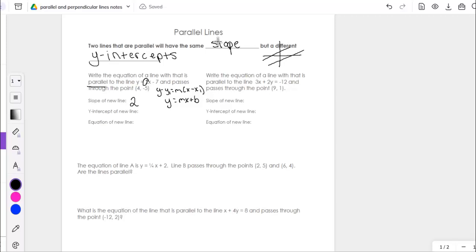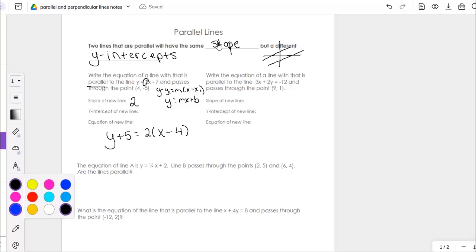I'm going to do y minus y1 equals m times x minus x1, and then on the other one I'll do y equals mx plus b, so you have both options. So y plus 5 equals my slope, which is 2, times x minus 4. This is the equation of my new line, so I've answered that one.